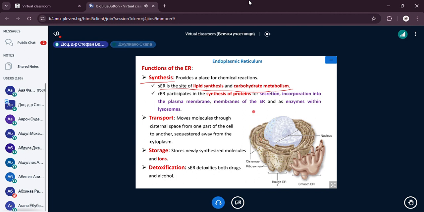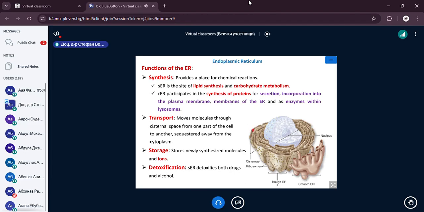And then these proteins are directed either for secretion out of the cell, for incorporation into the plasma membrane, where they become membrane proteins, or they stay attached to the membranes of the endoplasmic reticulum, or stay as enzymes inside the cisterns of the endoplasmic reticulum, or become enzymes in another organelle that we'll discuss next week in our class, lysosomes. So these are the synthetic functions of rough and smooth endoplasmic reticulum.